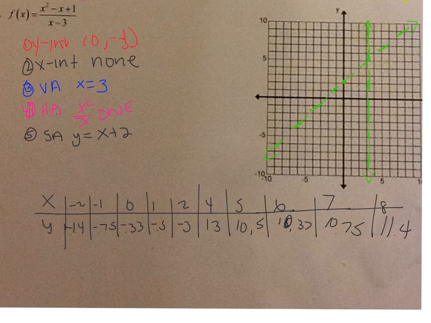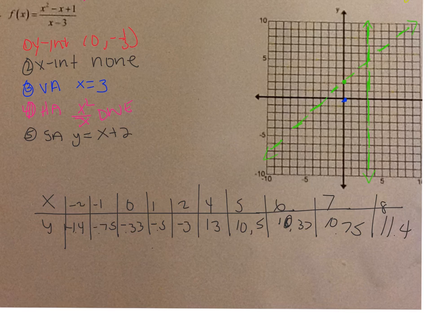Now let's start plotting our points. I have a y-intercept of 0, negative 0.3 repeating, so it's right in there, a little bit below 0, 0. I have no x-intercepts, so now let's plot our other points.